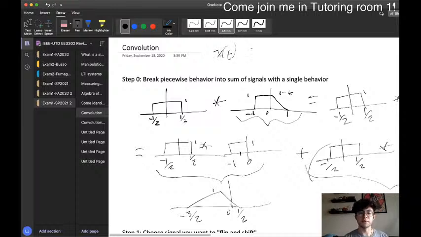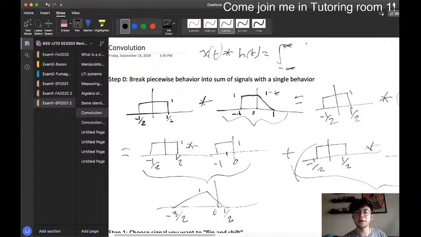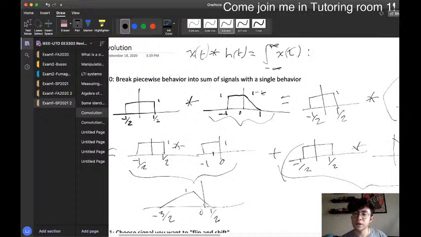So remember, if we have signals x and h, you should remember this from class, then the convolution of them is going to be the integral over the entire support of x of tau times h of t minus tau d tau.